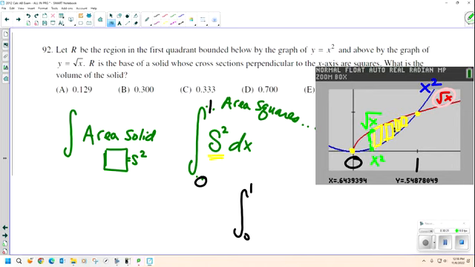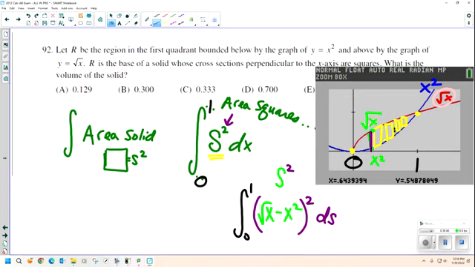The difference is subtraction, so my side is going to be the square root of x minus x squared. That length I just made right here, that's the side. But remember, it's side squared, which means I have to square this.